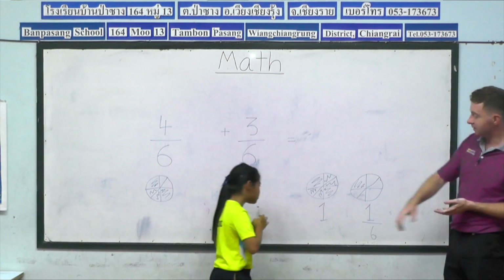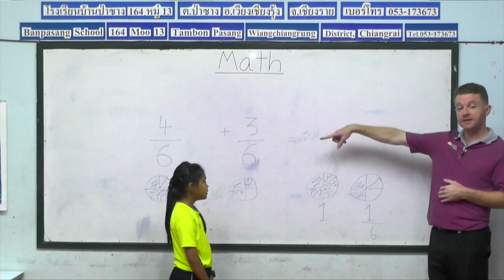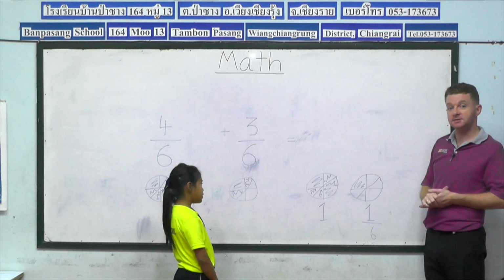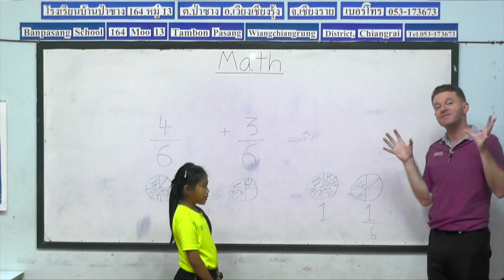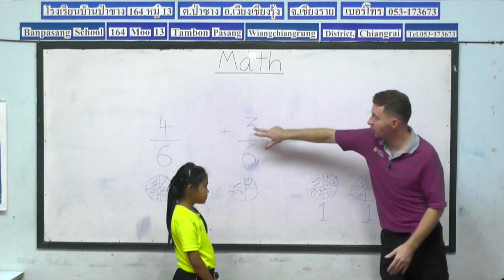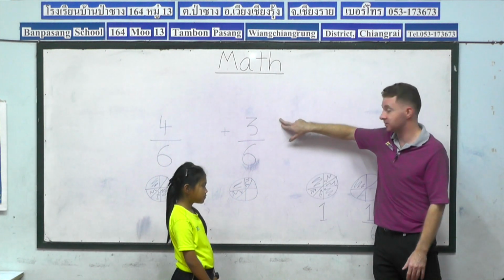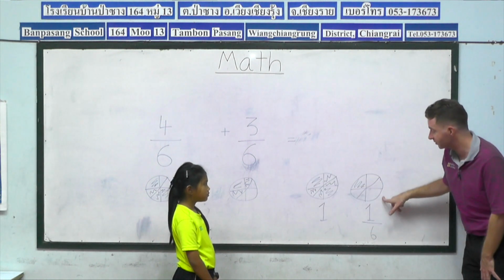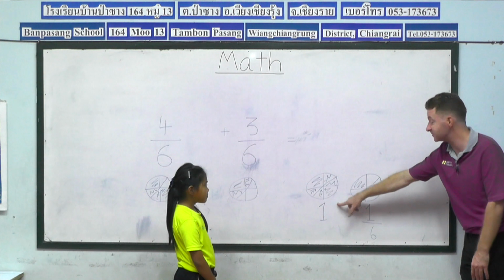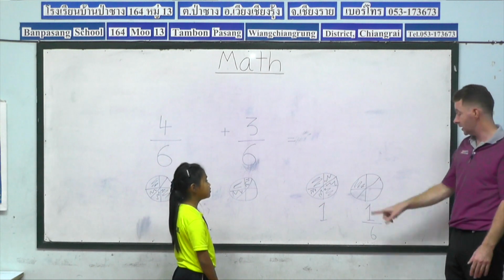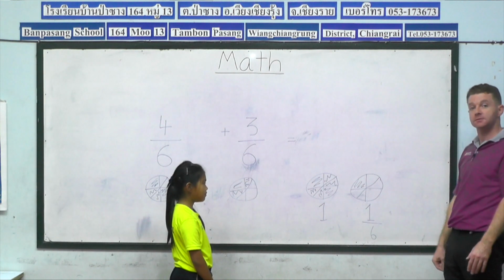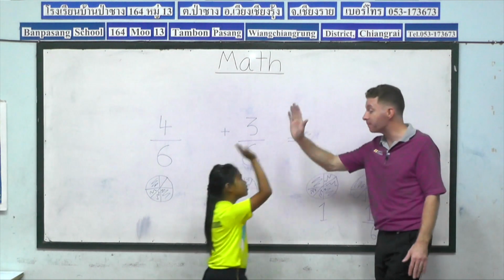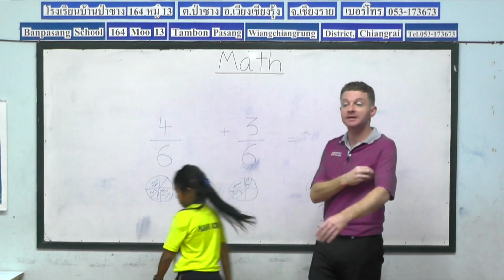So you can see 4 over 6 plus 3 over 6 means we get a whole number, because 4 plus 3 equals 7, which is more than the denominator. So we have to use another circle to give us our answer, 1 and 1 over 6. Pak Bung, that was excellent. High five and a big round of applause for Pak Bung, please, guys.